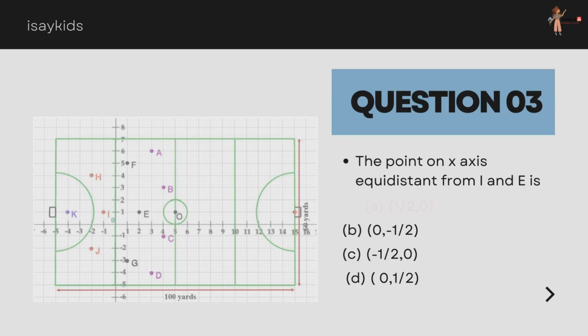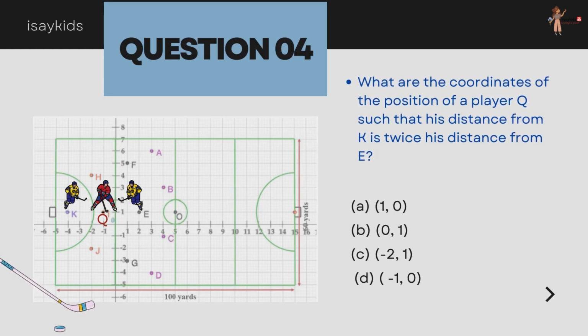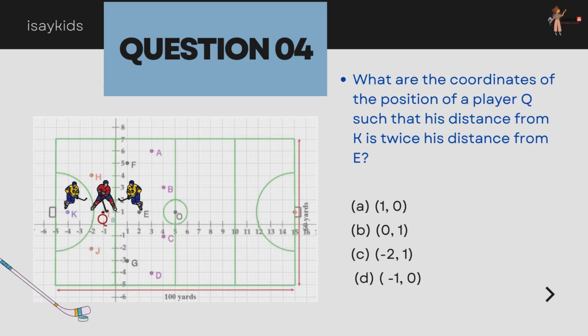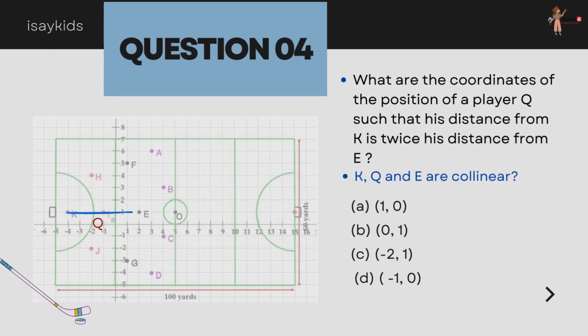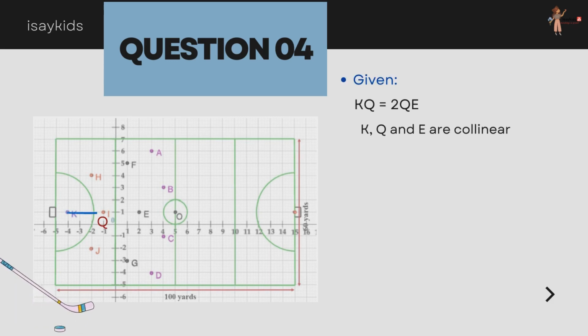Let's see the next part now. What are the coordinates of the position of a player Q such that his distance from K is twice his distance from E, and KQE are collinear. Now we are given that KQ is equal to 2QE and KQE are collinear.